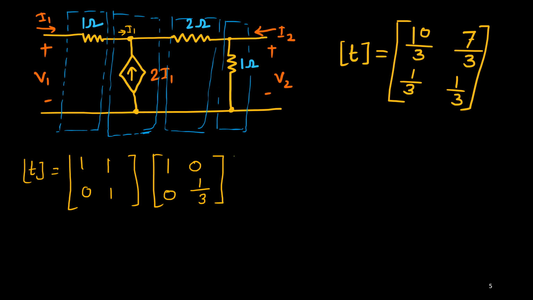Right? Next, the 2 ohm series resistance for this one. So this is 1, 1, this is 2 and it is 0. This is 1, 1, this is your 2, this is 0. Then last one, this 1 ohm resistance connected here. For that, what you'll get?